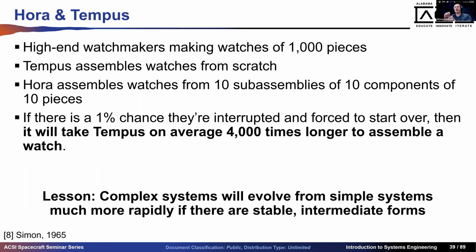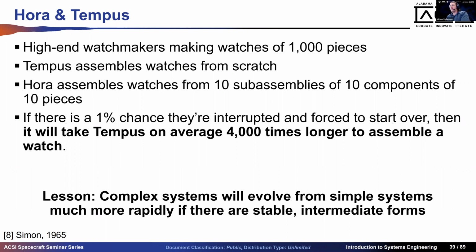So Aura will put 10 pieces together to make that component, and then they'll do that 10 times, and then they'll put a subassembly together, and eventually 10 times 10 times 10, they have 1,000. If there's a 1% chance that both of them are interrupted and they have to start over, it will take Tempus 4,000 times longer to assemble a watch than it will take Aura.